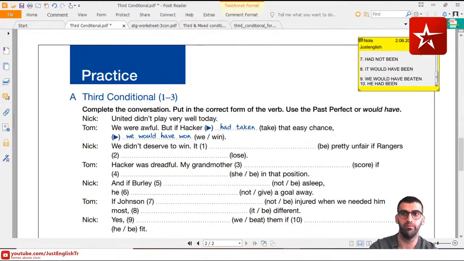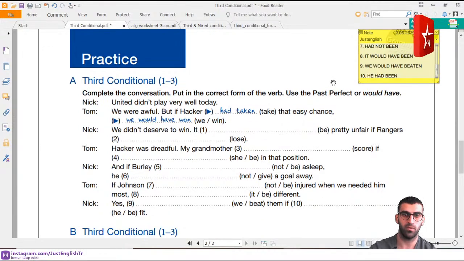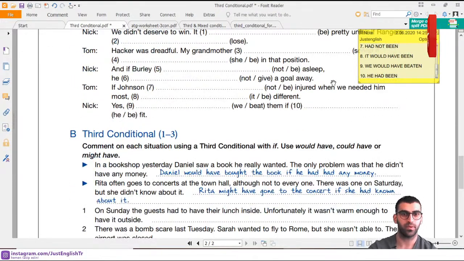Yes. If he had been fit. So we would have beaten them if he had been fit. That is the correct answer, guys. All right, we did this exercise, and let me continue with another one.